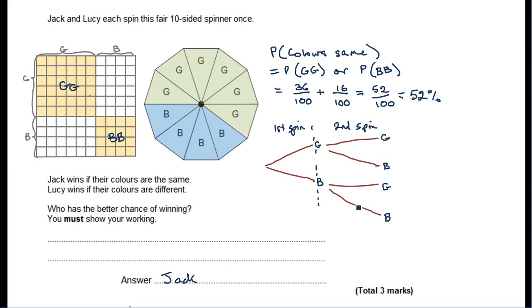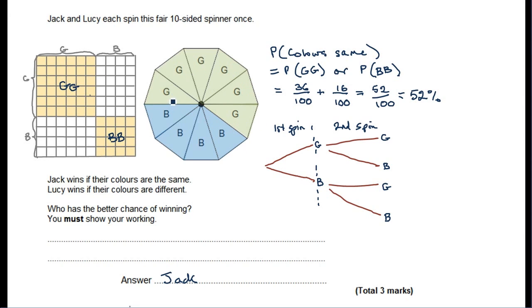A green or a blue. So these are independent events, so we don't have to worry about the second event being influenced by the first. The spinner, when it spun the second time, has no memory of what happened in the first spin, so they're independent events.